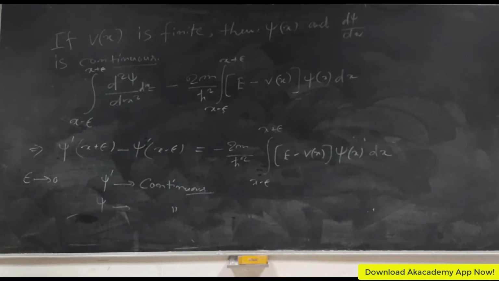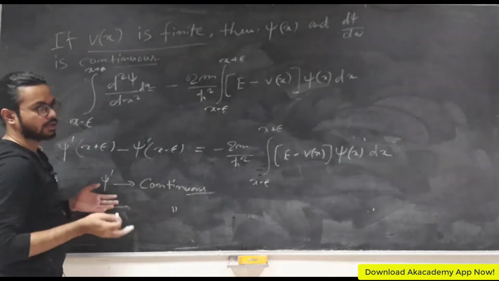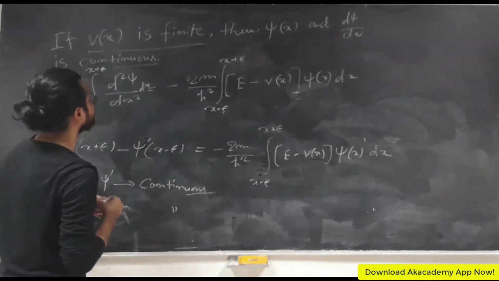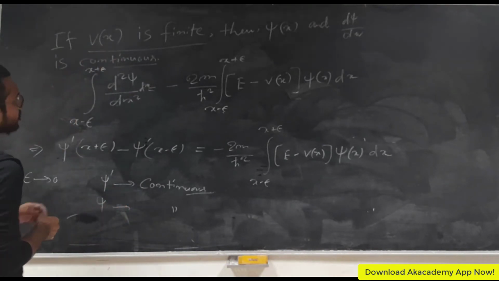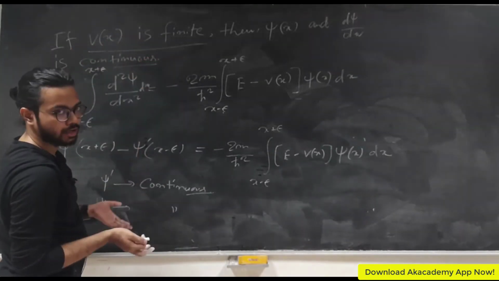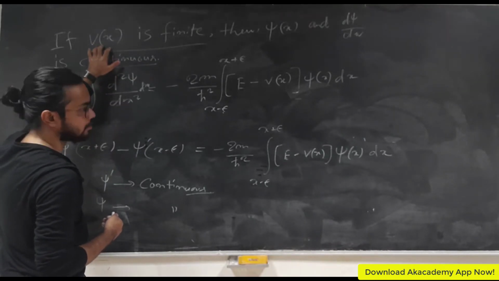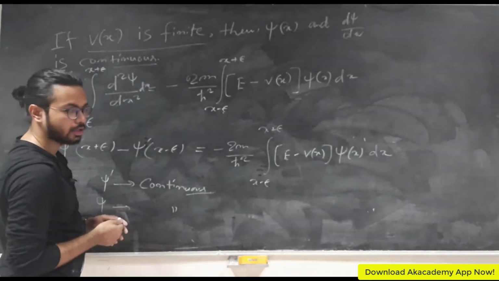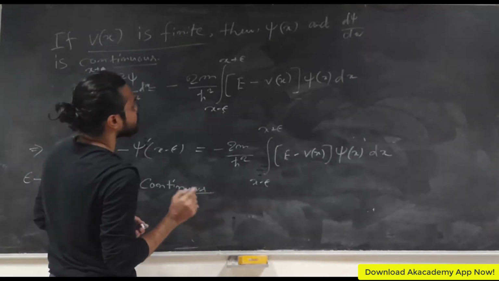So as long as our potential is finite, the condition is that psi and d psi dx are continuous. Potential finite means this could be a continuous potential, this could be a discontinuous potential, but not infinite. We'll need this in future.